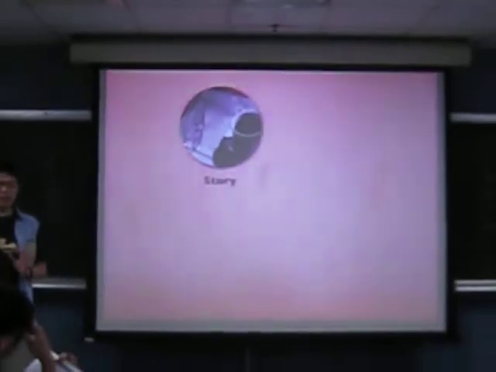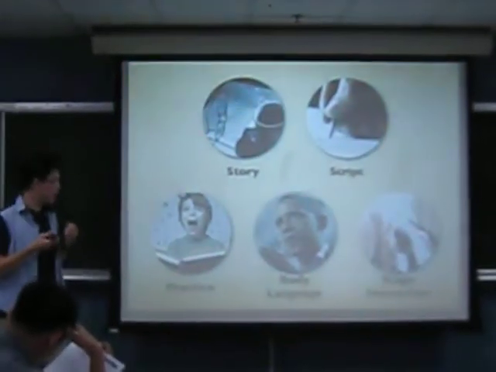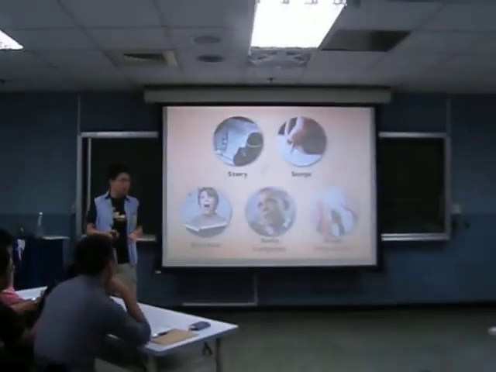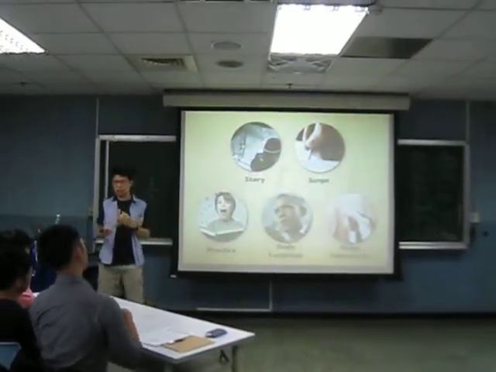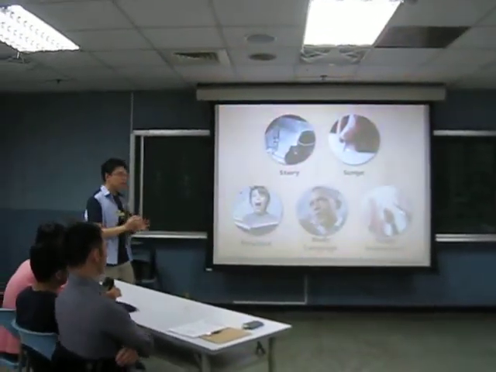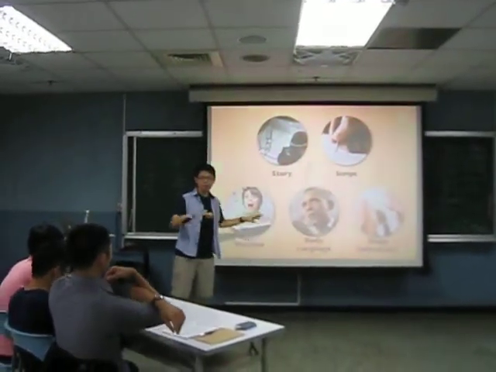So there are 5 basic elements here, and I call them story, script, practice, body language, and stage interaction. The story is the basic structure inside your speech. And the script is how to turn your idea, your basic story, into the real form of a script.